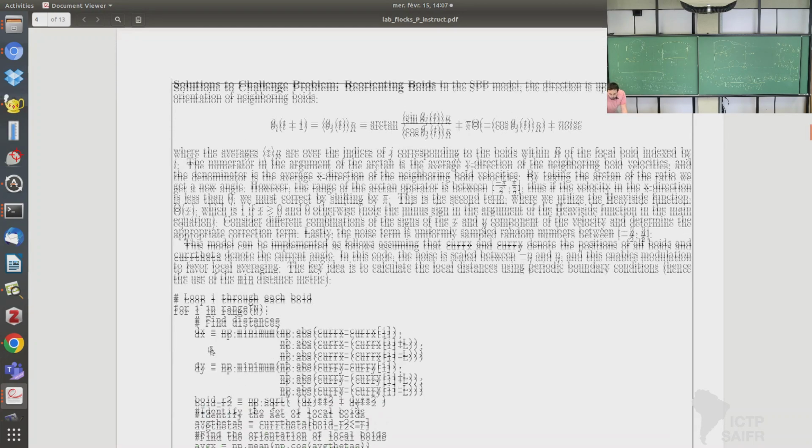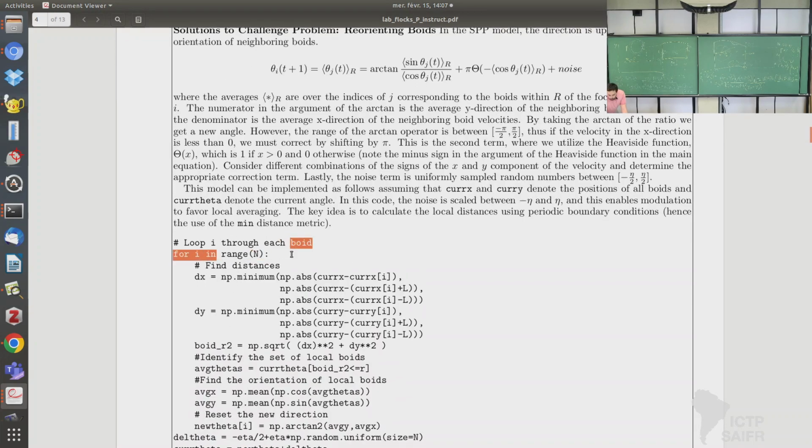you loop through the birds, because this update rule, you basically need to do it for every bird, okay? Now I ask you to write a function that does it given one bird, but then you're going to have to loop through all of the birds to update all of the population.